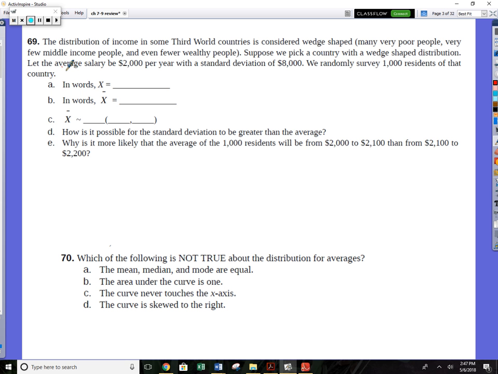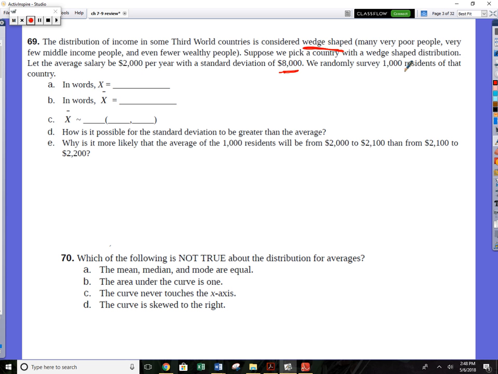Let the average salary be 2,000 per year with a standard deviation of 8,000. The distribution just says it's wedge-shaped. It doesn't say what it is, normal, binomial. It just says the shape of it. But they do give us the average salary and the standard deviation.